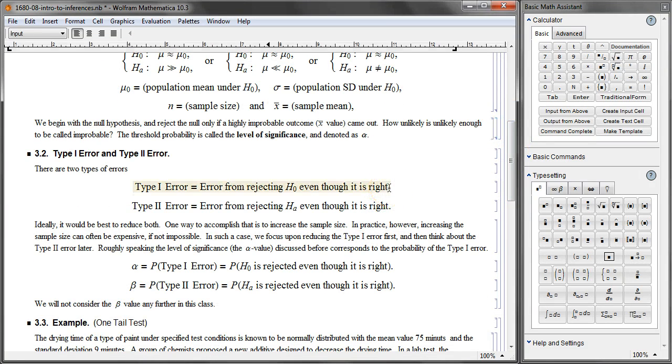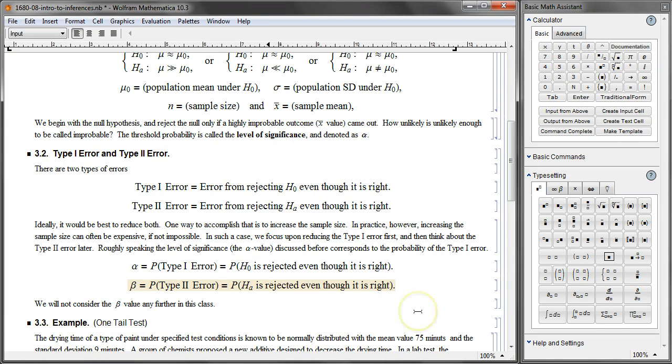Type 1 error is an error coming from rejecting the null hypothesis even though it is right. And type 2 error is an error coming from rejecting the alternative hypothesis even though it is right. And do they complement each other? No, not really. You see, alpha is the probability of type 1 error, which means the probability that we end up rejecting the null hypothesis even though null is right.